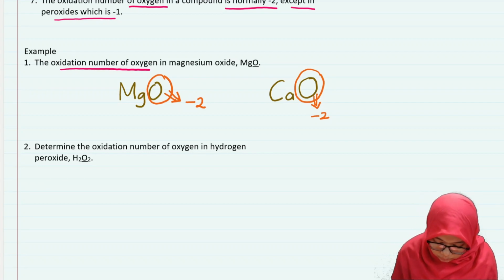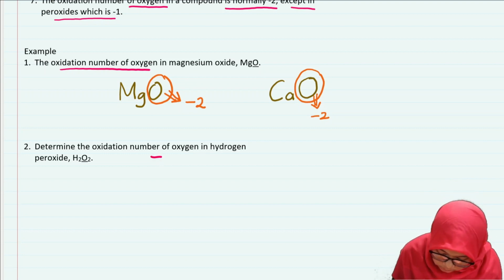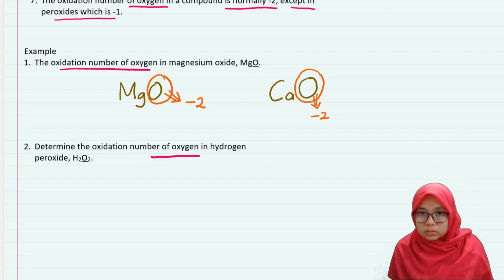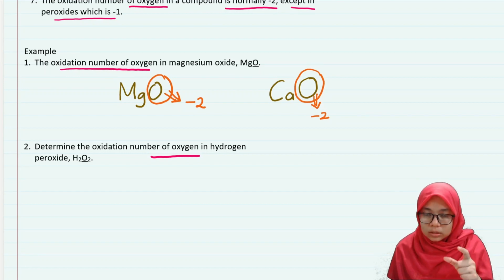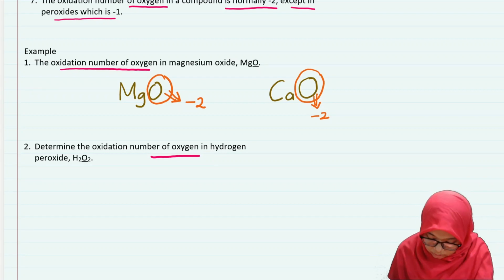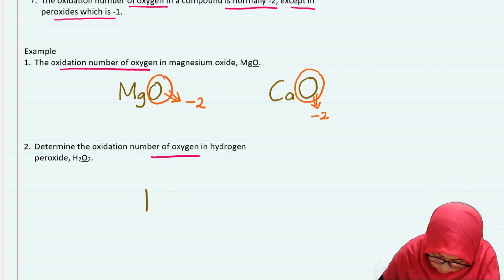Now let's look at the second example for this rule. If you want to determine the oxidation number of oxygen in hydrogen peroxide, I write down the formula first. The formula is H2O2.